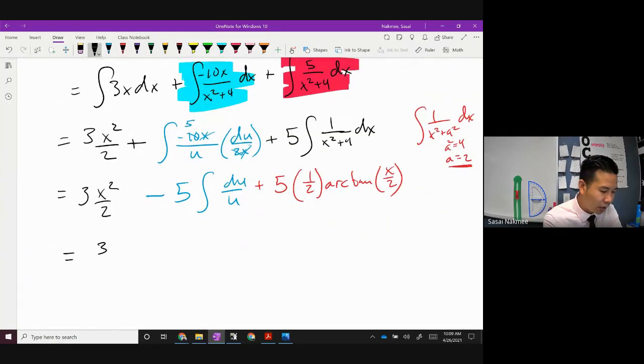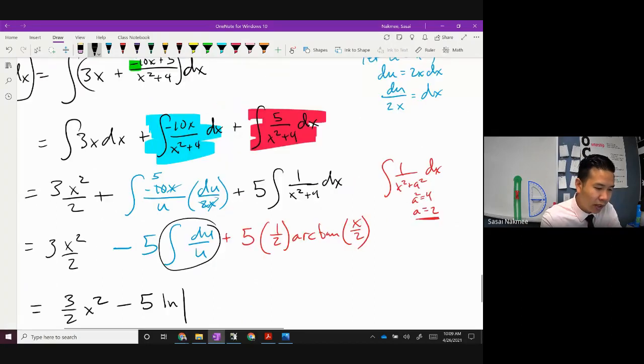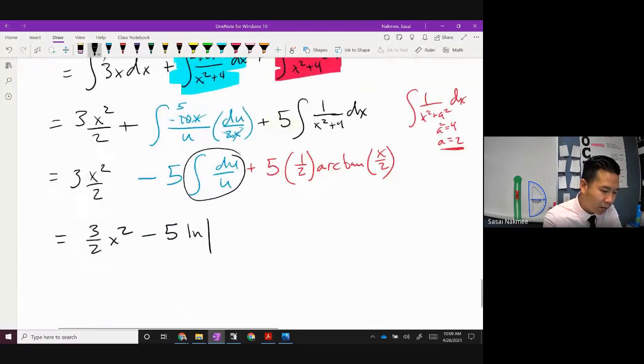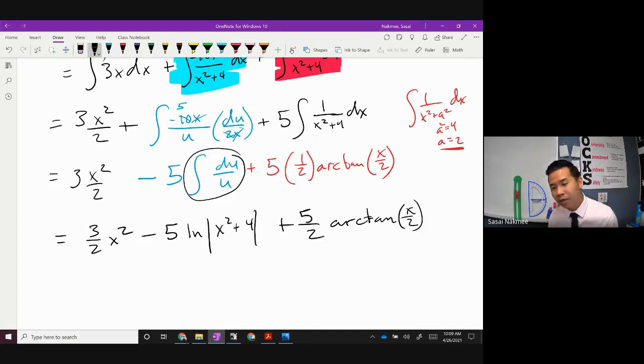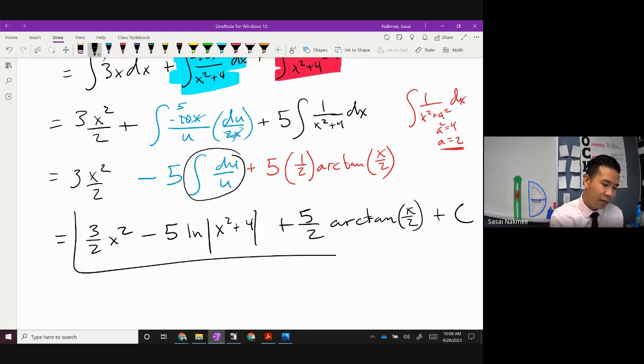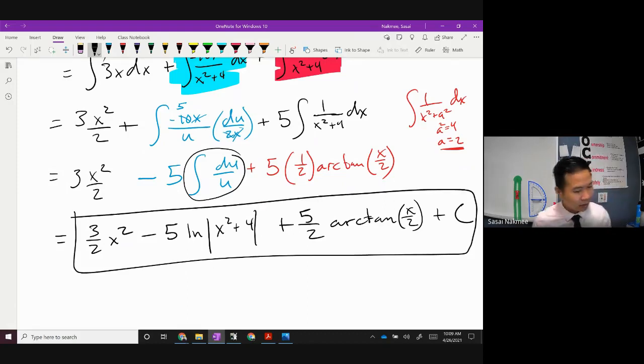This is going to equal 3 over 2 x squared, minus, this right here is going to be the ln function, so it'll be 5 times ln of the absolute value of u, and u was equal to x squared plus 4, plus 5 over 2 times the arctangent of x over 2. And of course, when you do these integrals, you need to remember plus c. It's not pretty, but it works.